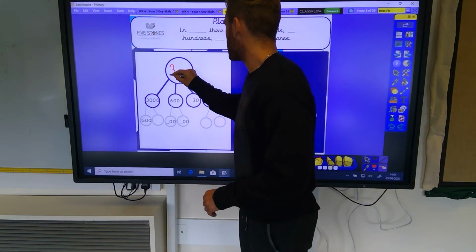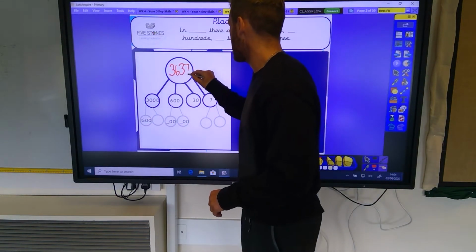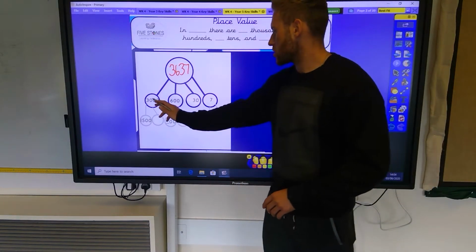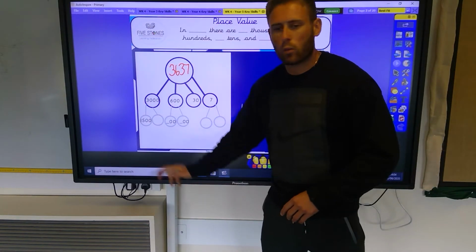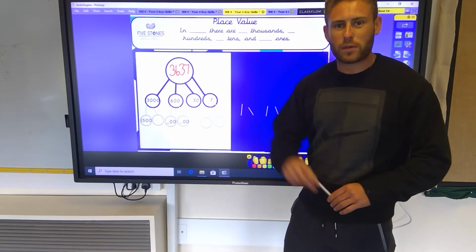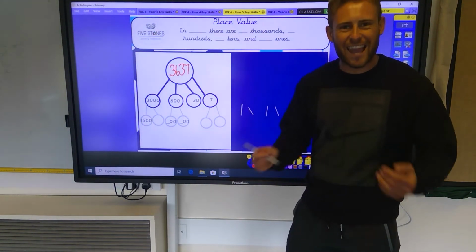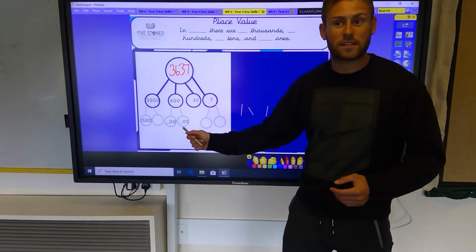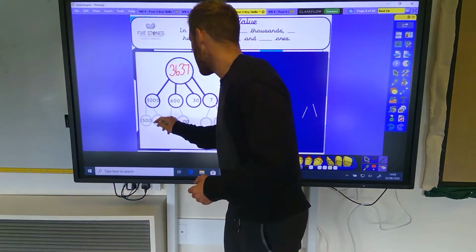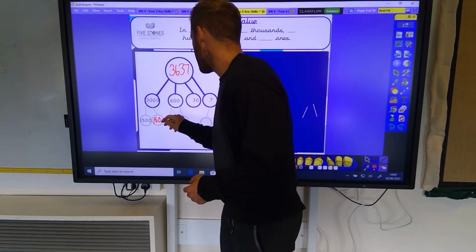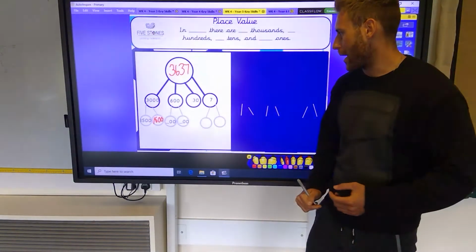Okay, so looking at this number, we've got 3,637, and we can see that we've partitioned 3,000 into 1,500. Some of you might be quick to realise, yes, that is a half fact. Fantastic. So that means we need 1,500 in the other bubble as well.